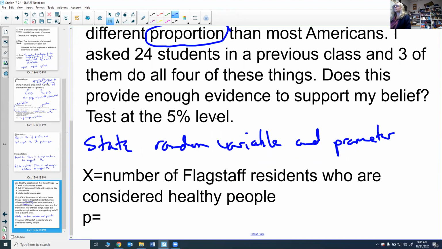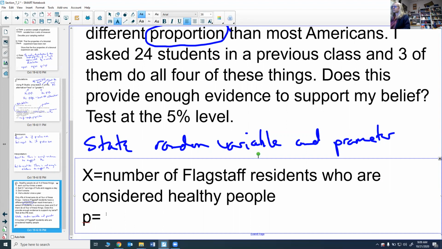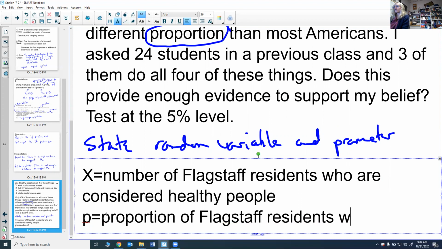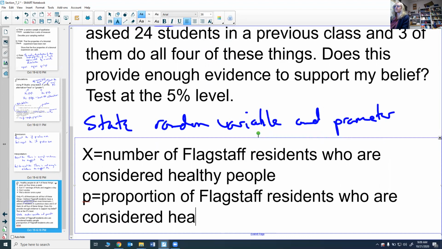So that tells you that we're dealing with proportion down here. So this would be the proportion, and now it's just the same as what you said your random variable was. Instead of having number of, it's the proportion of Flagstaff residents who are considered healthy people, because they do all 4 of those things. All right, so that's our first step of our hypothesis test.